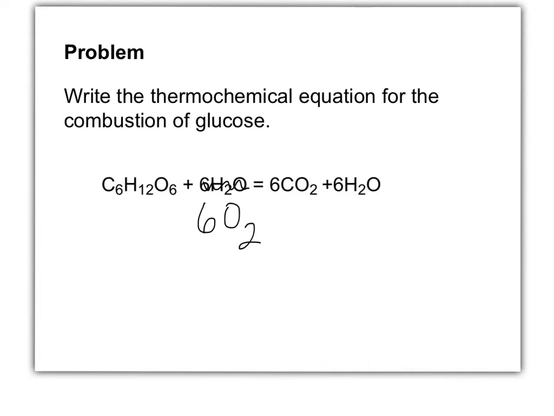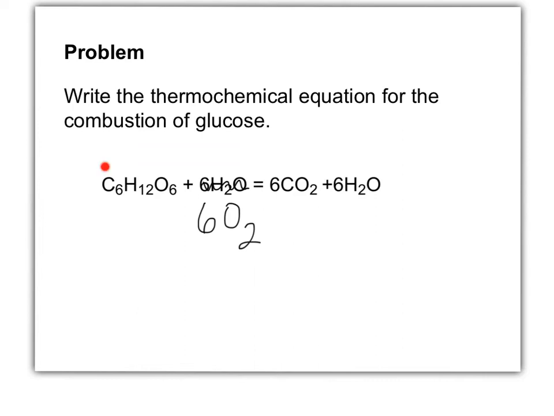Now, to make it a thermochemical equation, we need to include the heat involved. So if you look at the chart that was given, we can see that the heat for the combustion of glucose is 2,808 kilojoules per mole. Well, how many moles of glucose do we have?